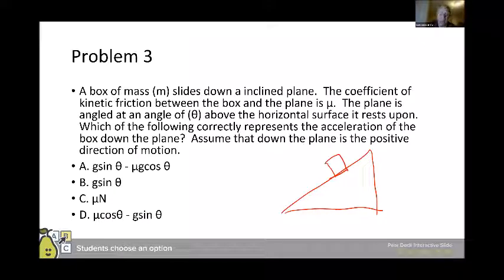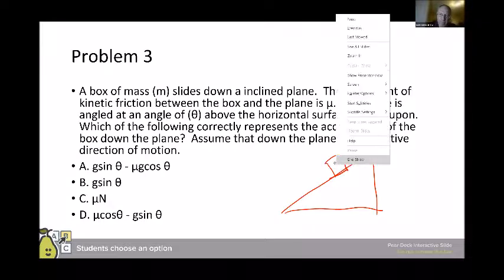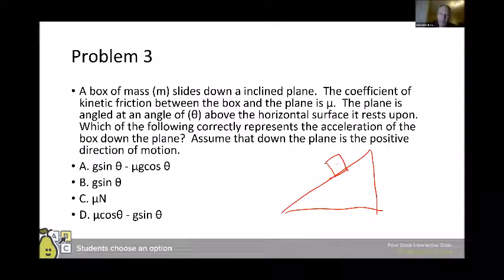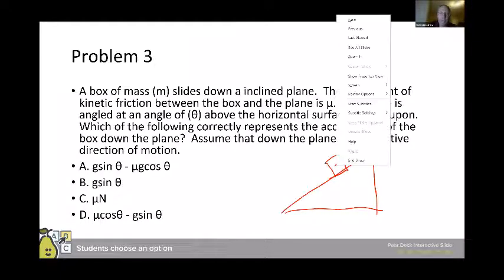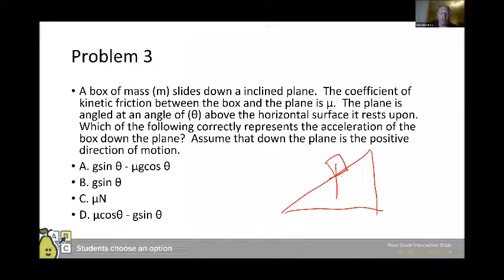So again, I'm going to redraw this picture just to make sure we know what we're doing here. Drawing my weight, drawing a component perpendicular and a component parallel to my surface. Remembering that this is mg and that this angle right here is my angle theta, the same angle as I have right here.